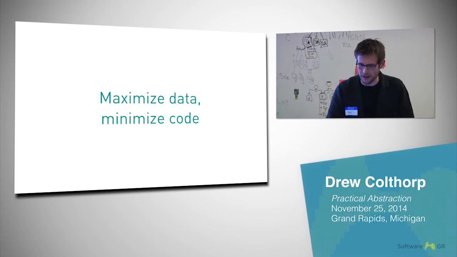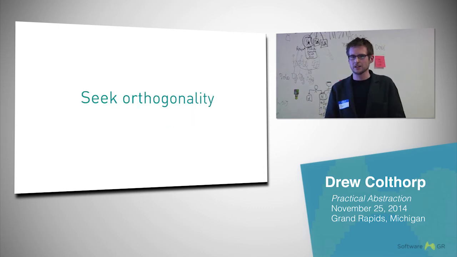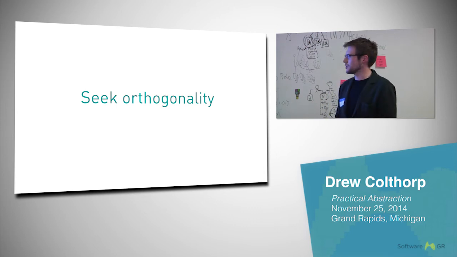So another thing that I try to do as well is look for ways that I can introduce orthogonality into the solutions that I'm introducing. So let's say you found some nice way of taking something that may have been spread across a whole bunch of implementations of different web pages or iOS screens and turned it into something that's a little bit more data-driven.